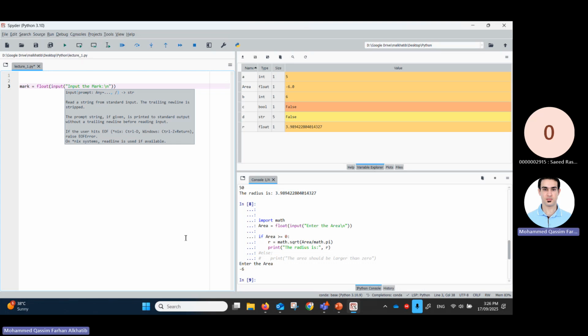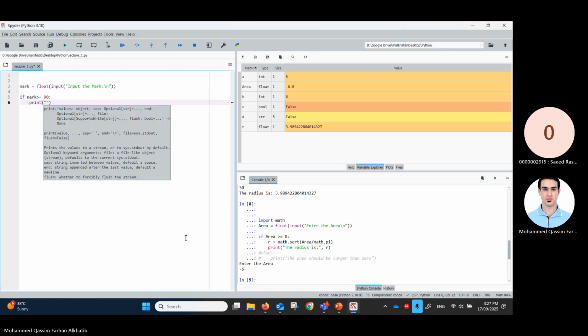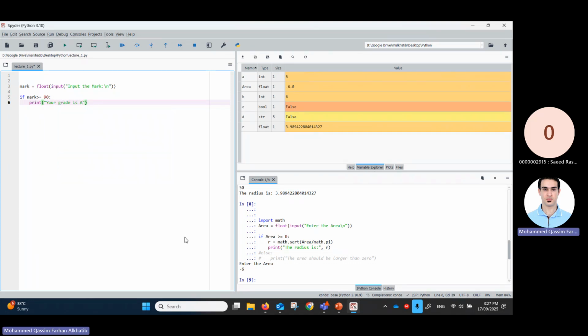How to do the check? If mark is larger than or equal 90, don't forget the colon, print your grade is A. That's it.